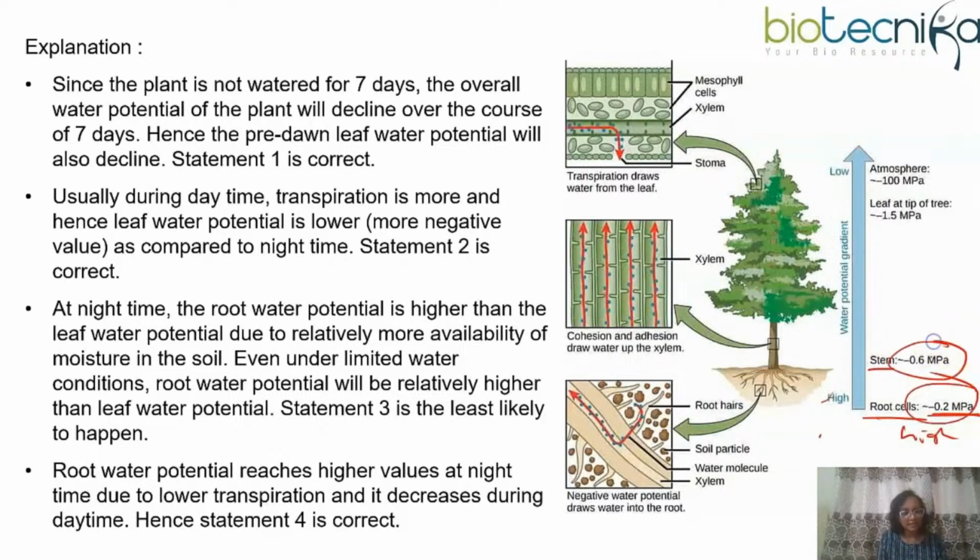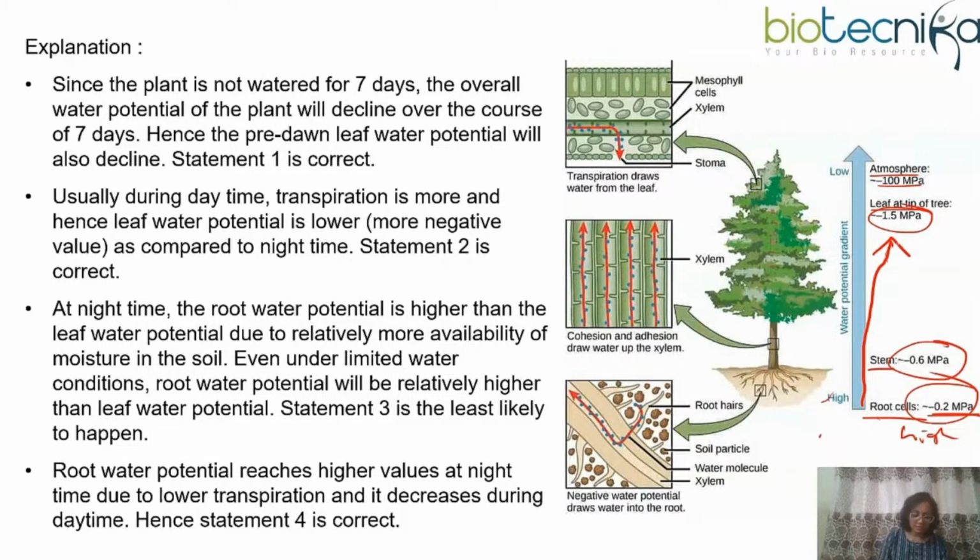Stem, you can see that it is decreasing. Leaf, it is decreasing, and atmosphere is of course the least one, right? And because of this water potential gradient from the roots to the shoots, the water can go in this direction from the roots of the plant to the shoot, right?